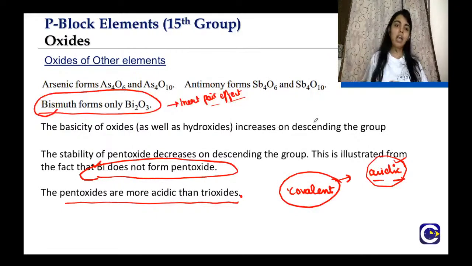So rather than mugging it up in one go, just divide it into parts as we are doing. See the first session, revise it from the NCERT, see the second session, revise it from the NCERT, see the third session, revise it from the NCERT. This is how you can peacefully do the P block chapter.